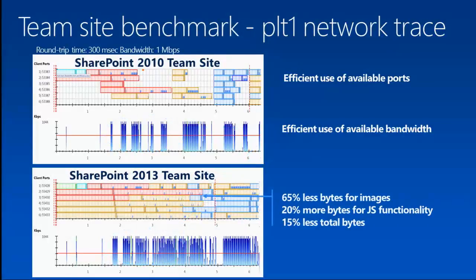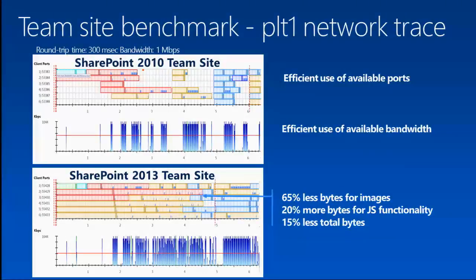We download 65% less bytes for images, thanks to better use of image compression. We download 20% more bytes for your JavaScript, which directly translates into more functionality and better functionality in your browser.